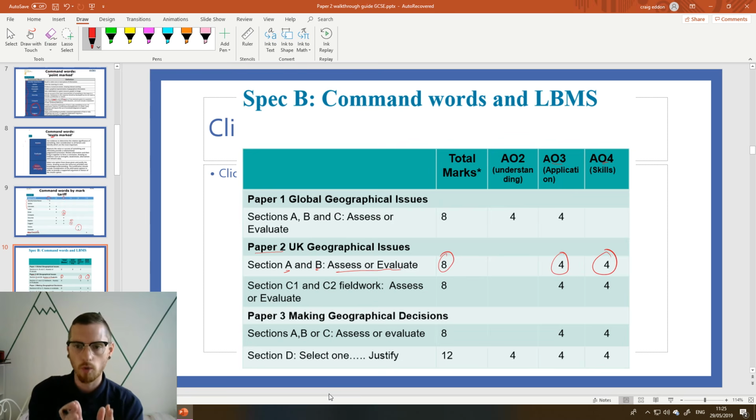So if you just write what you know, which is AO2, you're going to drop marks here. And it's the same on C1 and C2. That's your physical and human fieldwork. You will get an assess or evaluate question, 8 marker. You're going to have 2 8 markers. And again, they are all about you applying your knowledge to the resource and issue at hand and unpicking it using your skills.